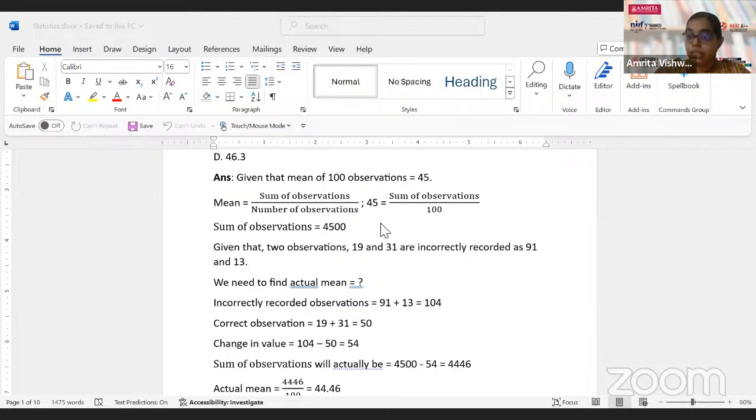And it is clearly mentioned in the question that two of them were incorrectly recorded. So 19 and 31 were the actual ones. It was recorded as 91 and 13. As you have the total value, you can just subtract and find the actual sum of observations. If you have the actual sum of observations, divided by the total number, it gives you the mean.